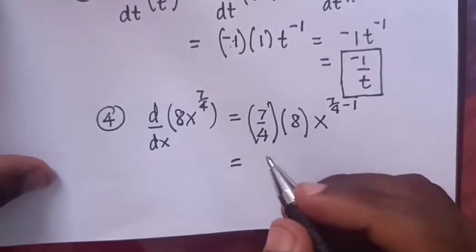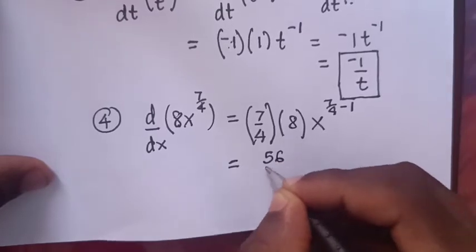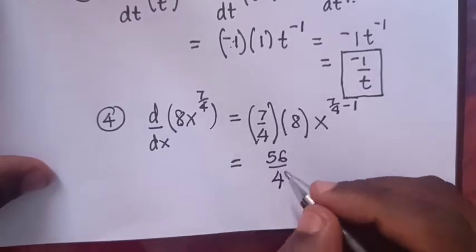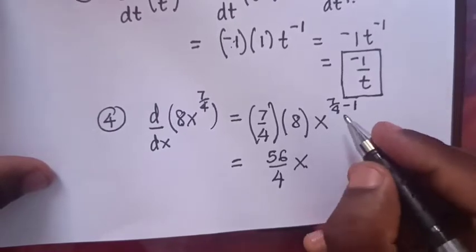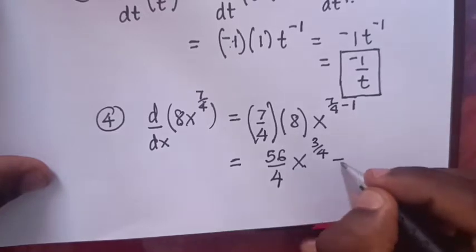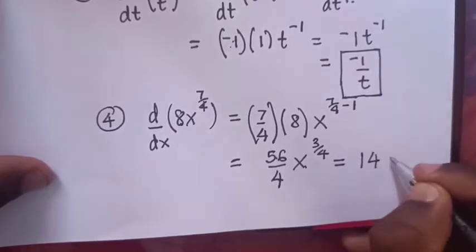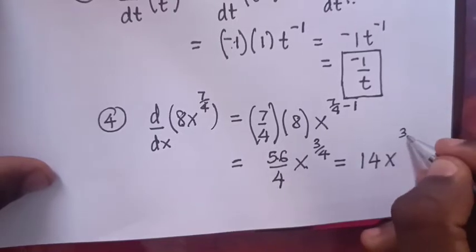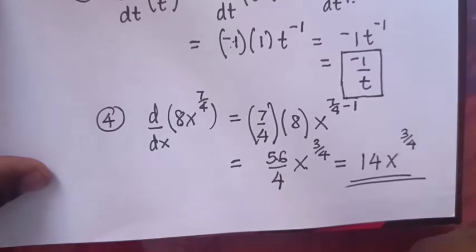Now 7 times 8 is 56 divided by 4. x to the power of 7 over 4 minus 1 is 3 over 4. 56 divided by 4 is 14. x to the power of 3 over 4. So this is our answer.